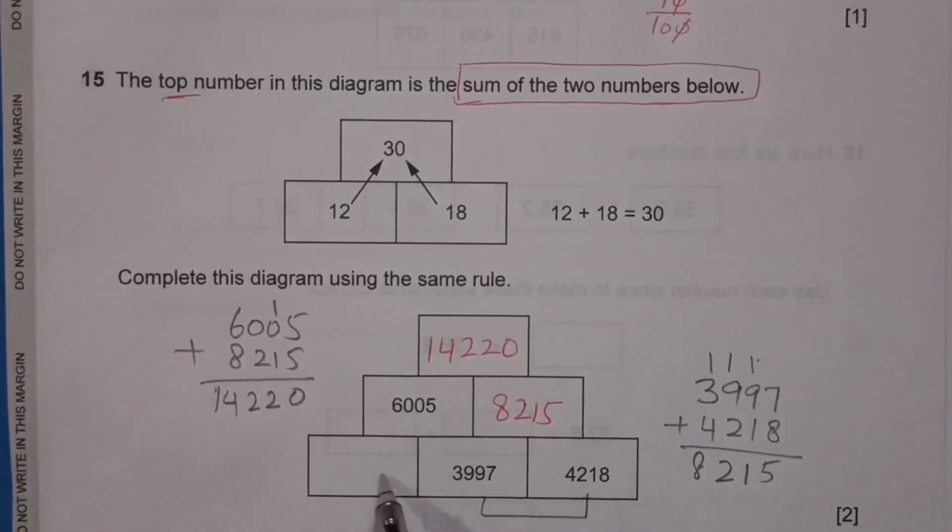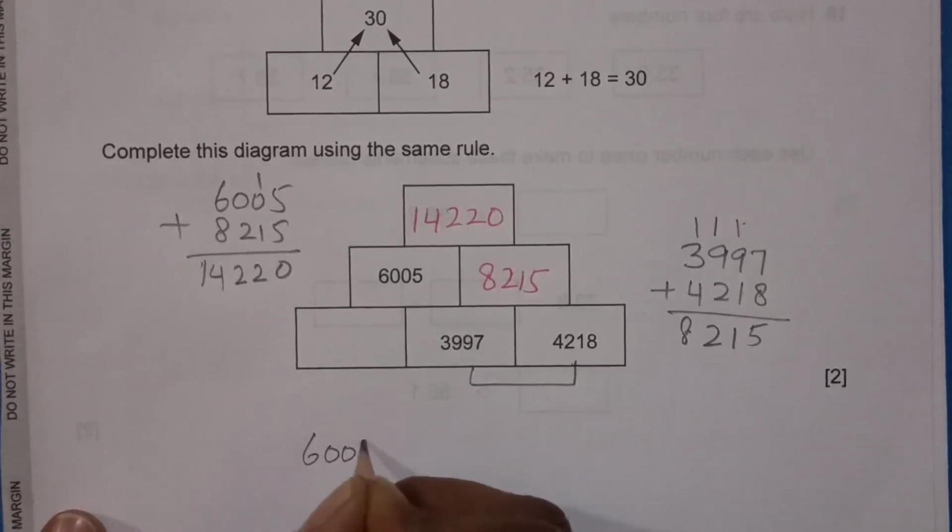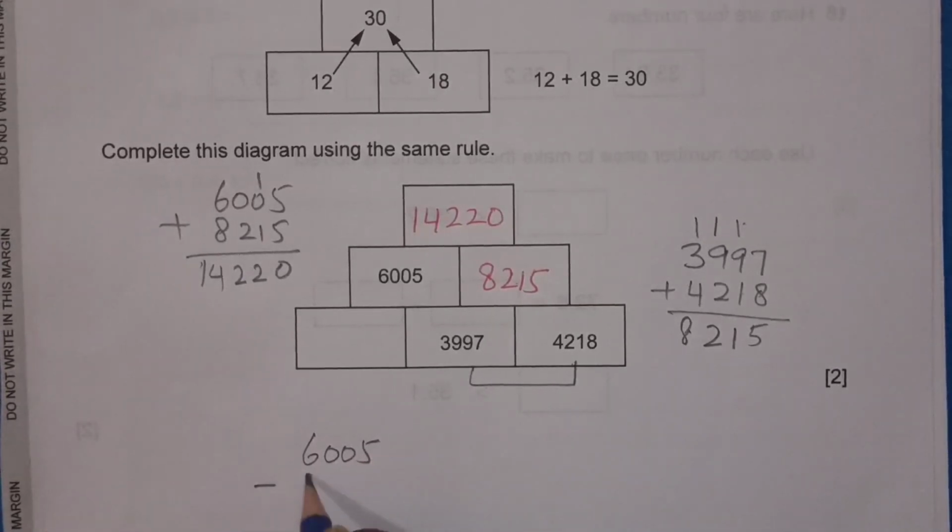Now we are left with this. As this number is the sum of these two numbers, to find out this number we need to subtract this one. So that is 6005 minus 3997.